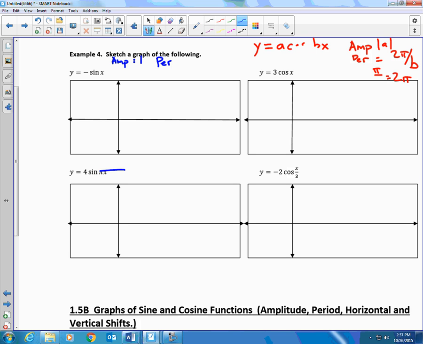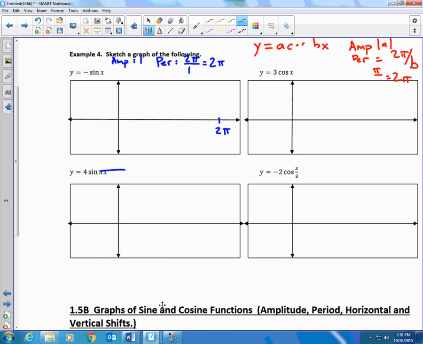And the period is equal to 2 pi divided by the number in front of x. What's the number in front of x? 1. 2 pi over 1 is 2 pi. So at this point, I mark off my period, 2 pi. How many spaces am I going to divide it into? 4.